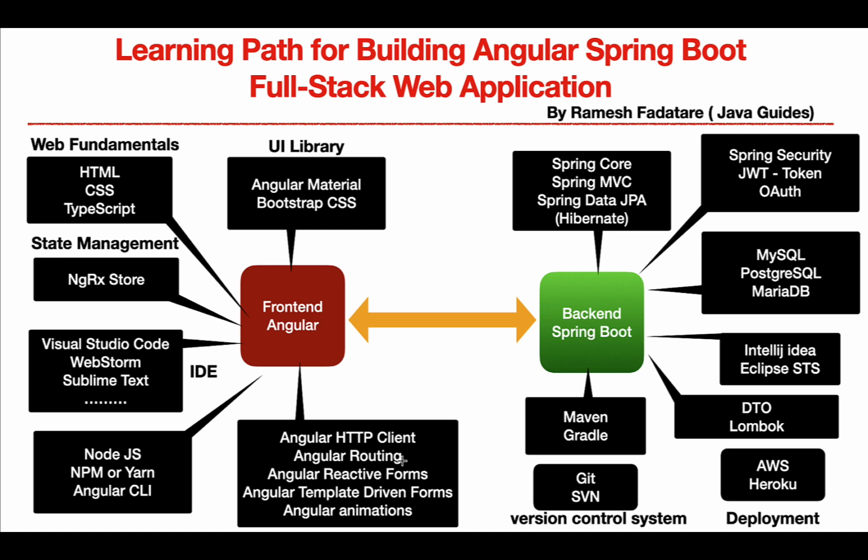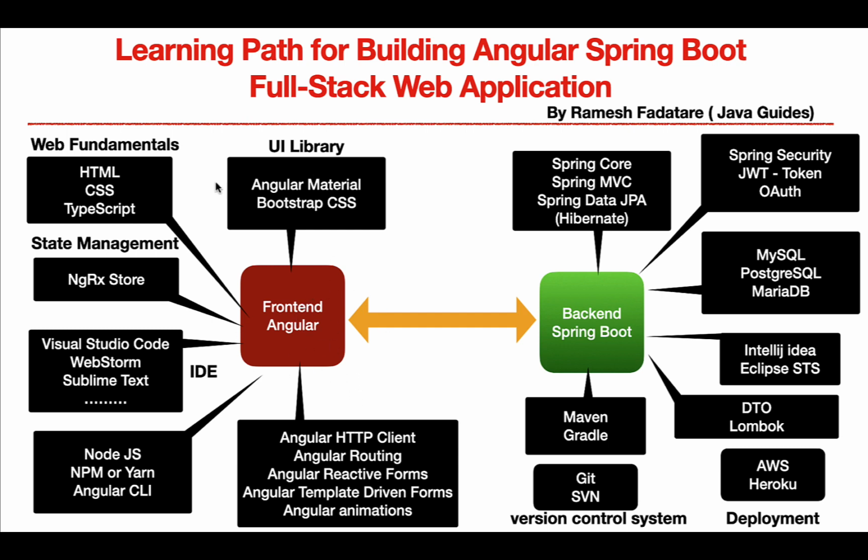Next, Angular routing. Angular provides its own Angular routing package or module that we can use to implement a routing mechanism in an Angular application. And again, Angular provides reactive forms and template driven forms to work with forms in an Angular application. And again, if you want to implement any animations functionality, then go ahead and use Angular animations.